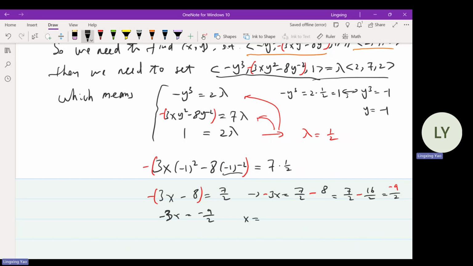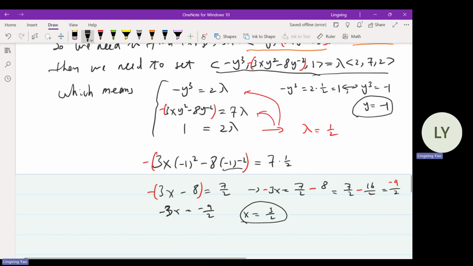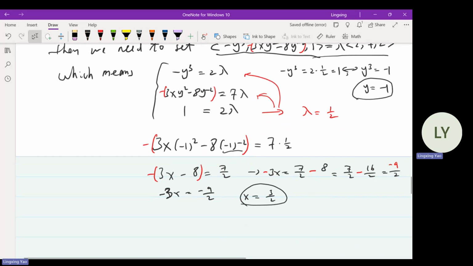So x equals 3 over 2, y equals negative 1. And then we can find the point. So this is the point that we are looking for.